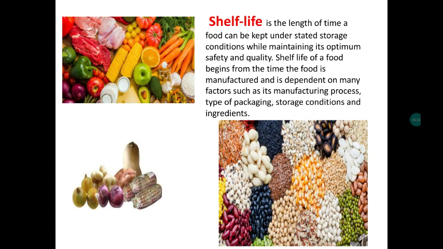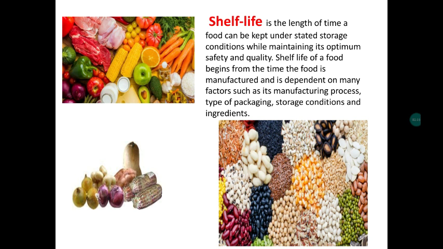What is shelf life? In the previous video, you understood about the processing of food. So many food processing operations are designed to, why? Do you know?